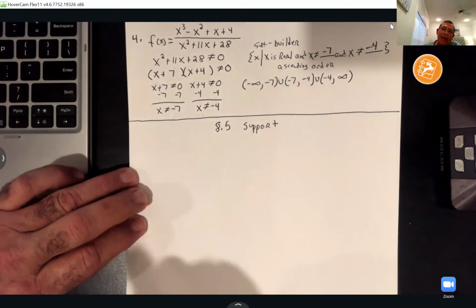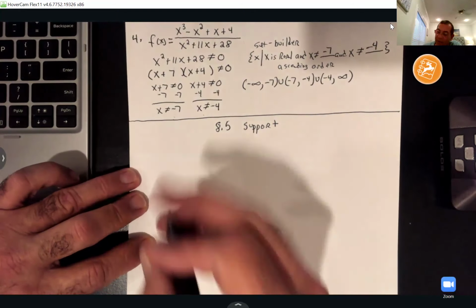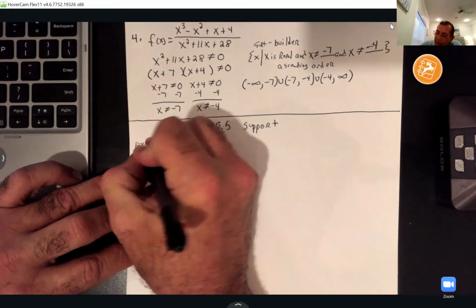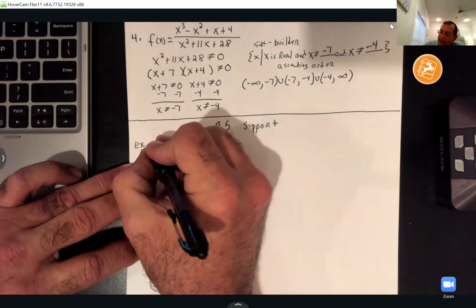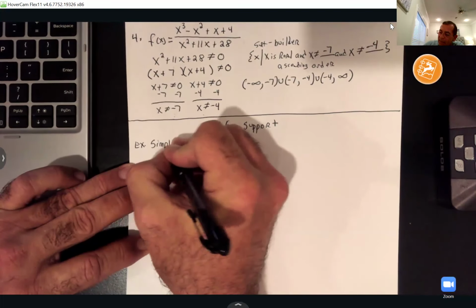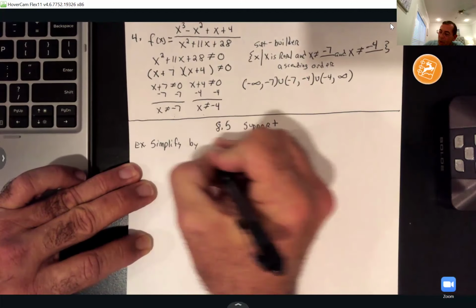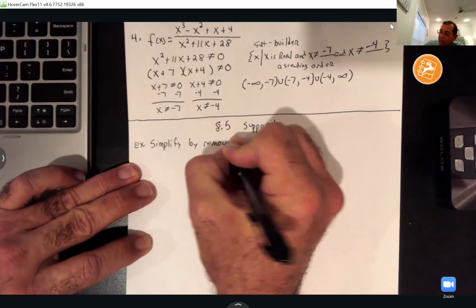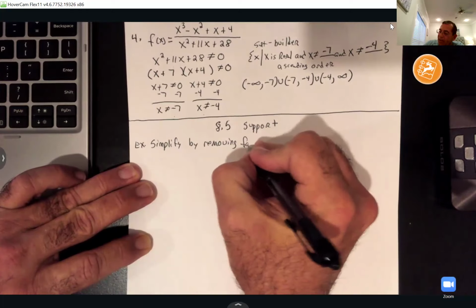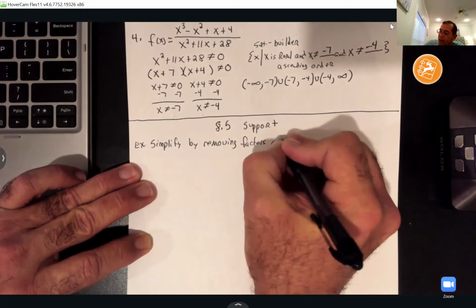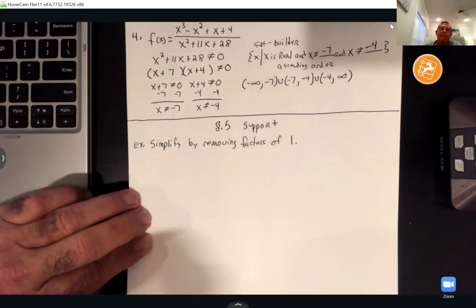Now, the reason I went on and did 8.5 is because it's a lot of factoring. Watch what this says. It says simplify by removing factors of 1.